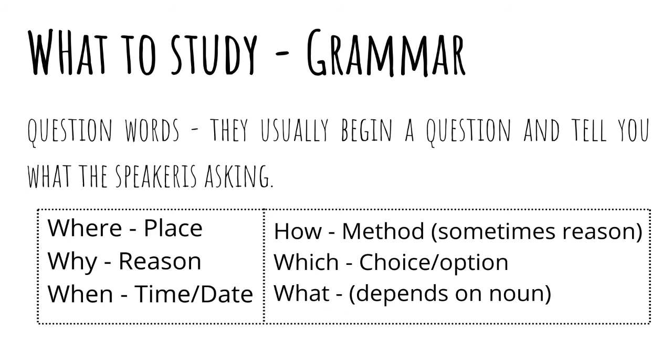The main words are where, which asks about place; why, which asks about reason; when, which asks about time or date; how, which asks about method; which, which asks about choice or option; and what, which can ask about various things depending on the noun that the speaker uses.